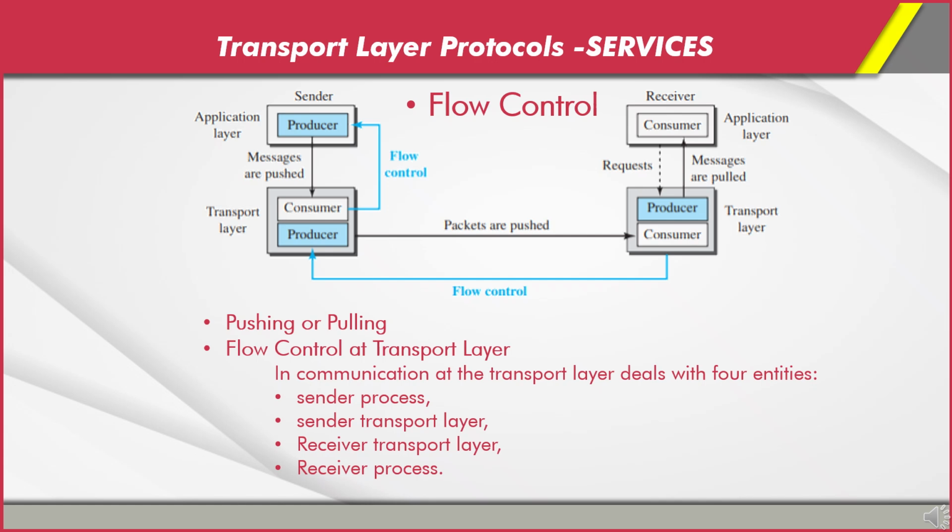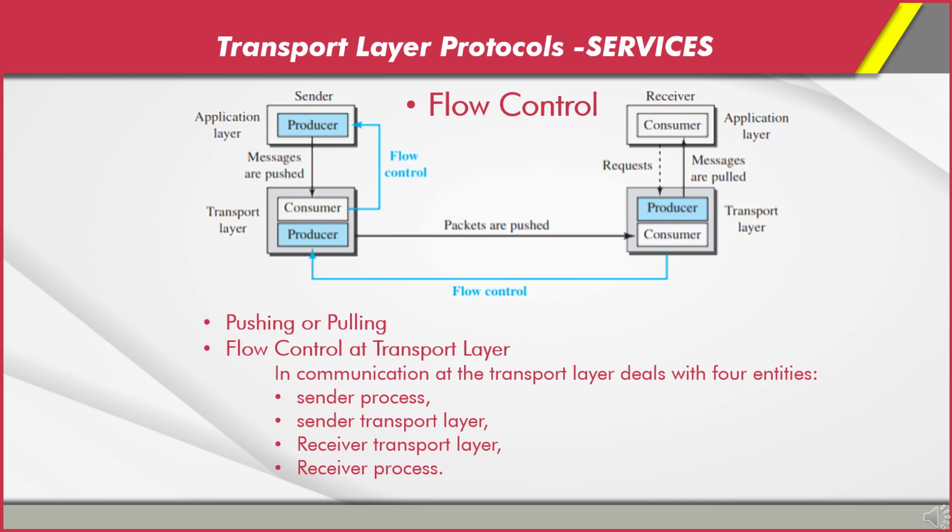This figure shows that we need at least two cases of flow control. One is from the sending transport layer to the sending application layer, and from the receiving transport layer to the sending transport layer. Next, we will see what is pushing and pulling. If the sender delivers items whenever they are produced without a prior request from the consumer, the delivery is referred to as pushing.